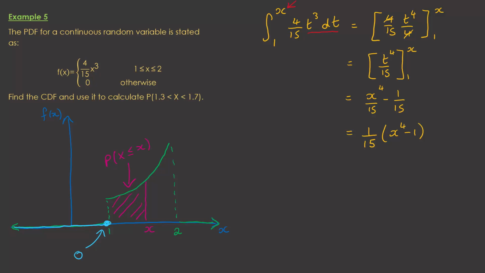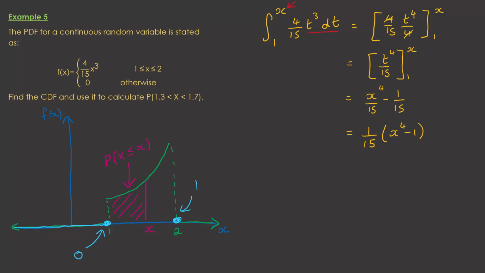But the end of the non-zero part of our PDF is at 2. So when we get to here, our probability should be 1. 2 to the 4 is 16, take away 1 is 15, times 1 over 15th is 1. So that works.